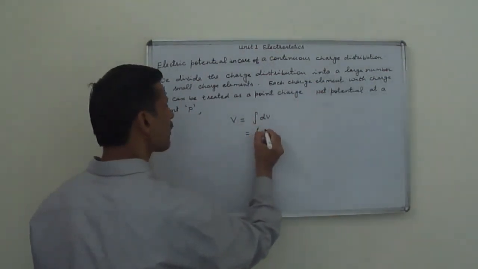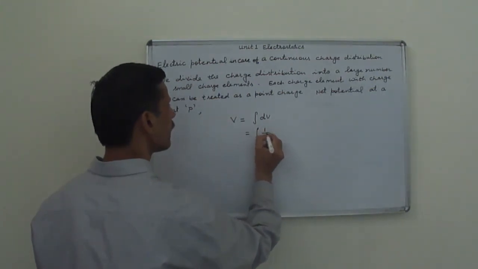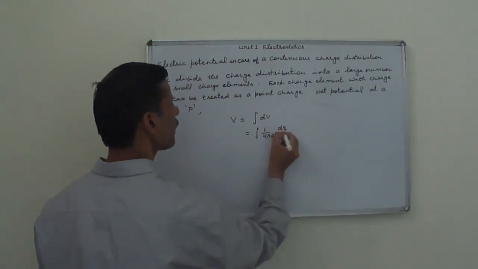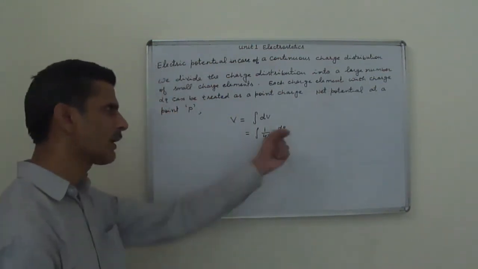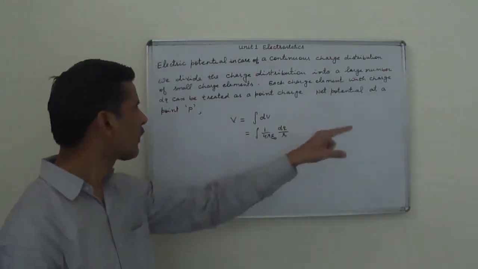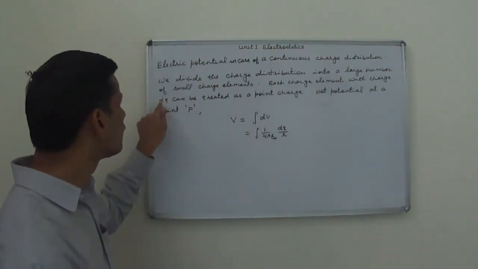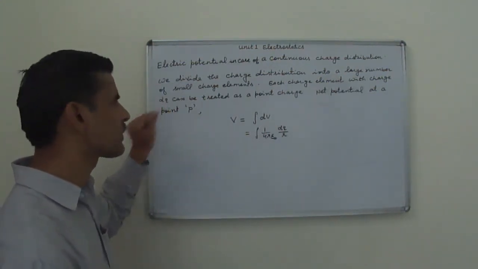So dV is equal to how much? 1 upon 4 pi epsilon naught dq upon r. Here r is the distance of point P from this element of charge.